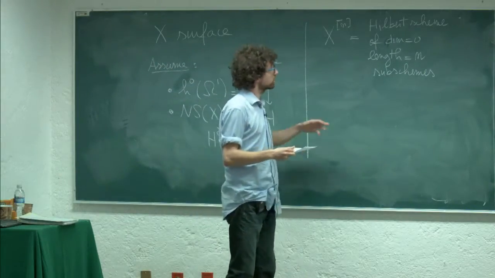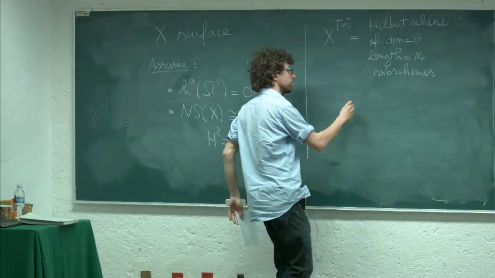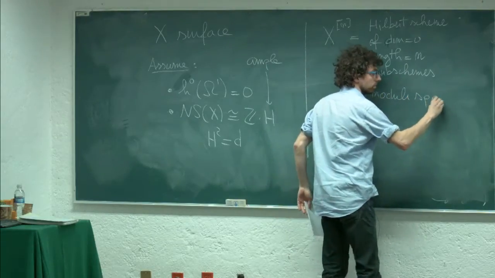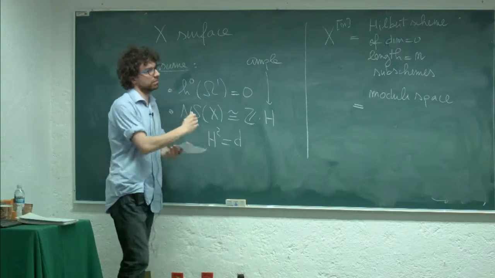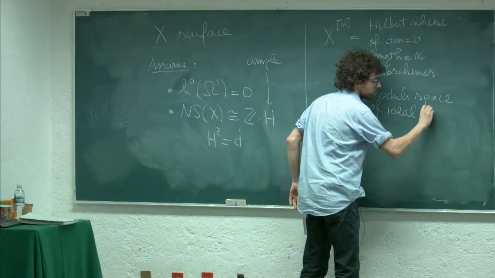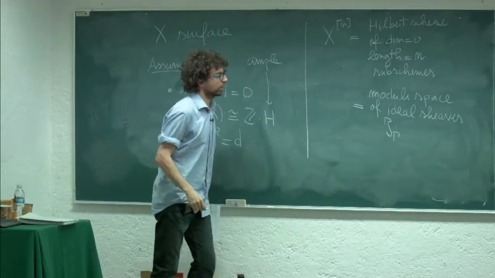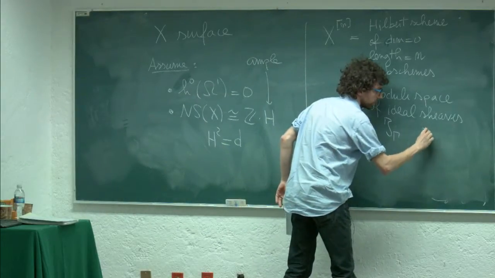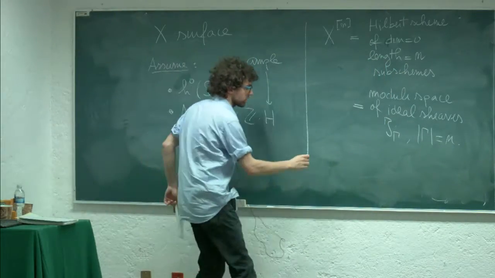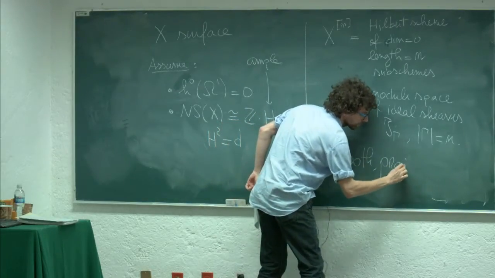I think of it as a Hilbert scheme, but here I'm looking at sheaves, so I'm thinking of it as the moduli space of semistable sheaves, in this case all the ideal sheaves I_Γ, where Γ is as before, with length of Γ equal to n. These two are equal, and they are both smooth, projective and integral, so everything is nice here.